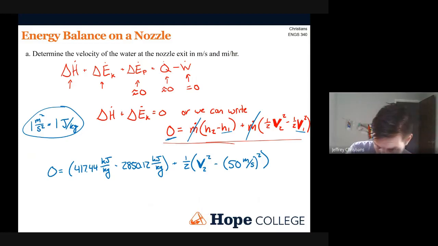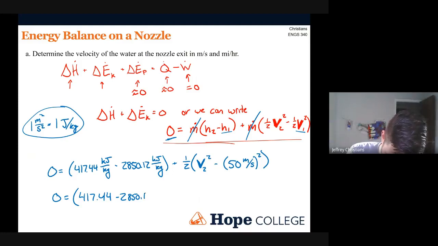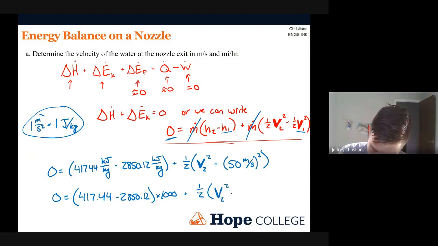So if we move stuff and solve for V2, we'd write 0 equals 417.44 minus 2850.12 times 1,000 plus 1/2 V2 squared minus 50 squared.